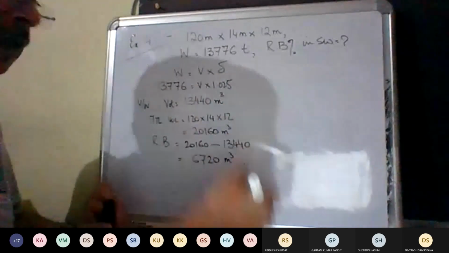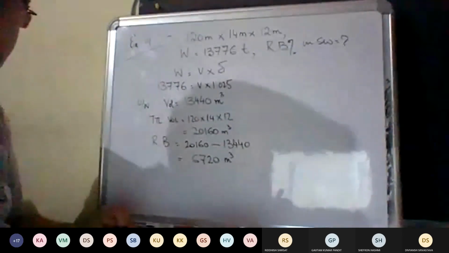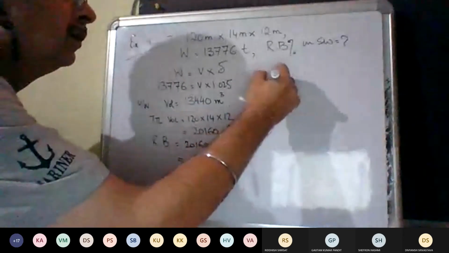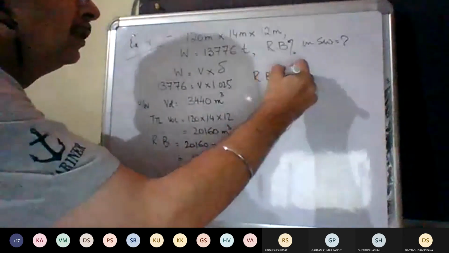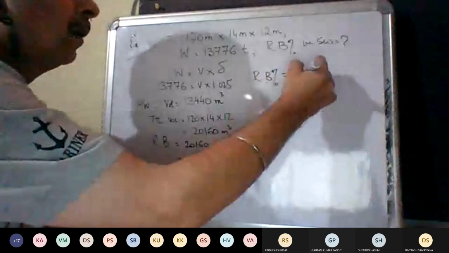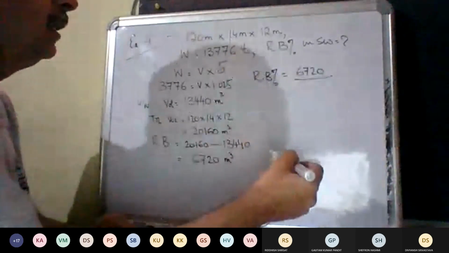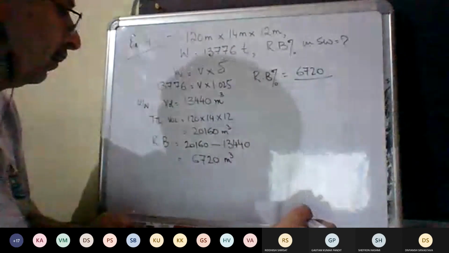But I know it is in percentage. So reserve buoyancy in percentage will be this divided by the total volume.